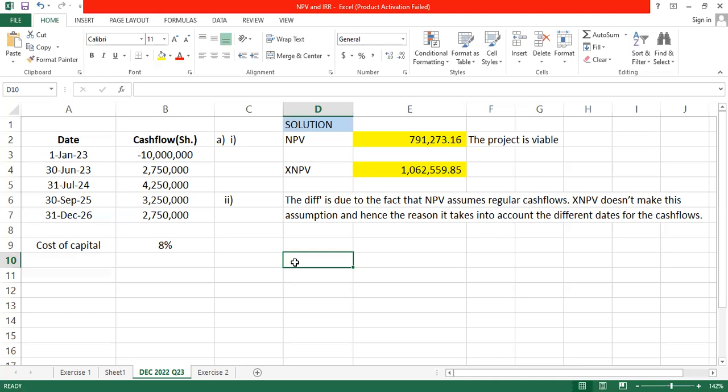In terms of which one you will recommend, the question also asks which one you would use in your analysis and why. For this reason which we have stated here, the XNPV is of course recommended.